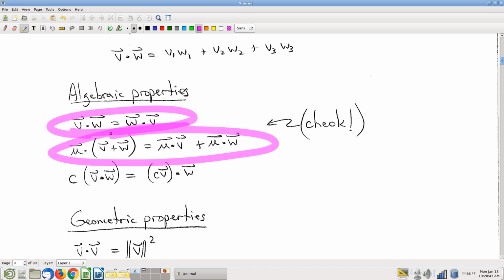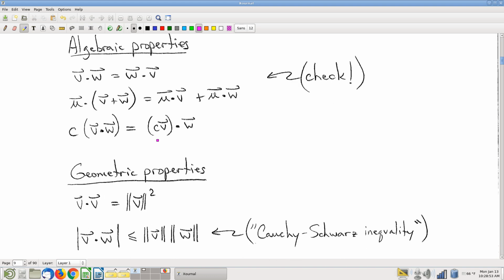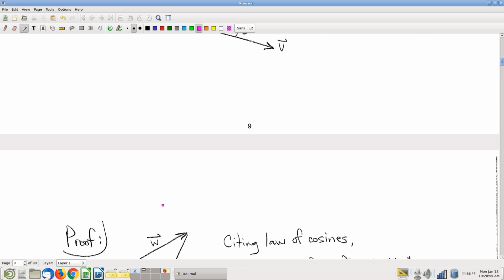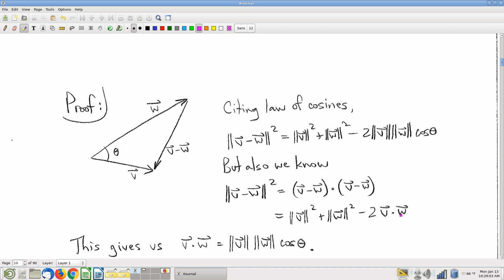So you can apply these properties a couple times, and out comes FOIL. And then you end up with some self-dot products, which of course are magnitude squared. So I'm deliberately glossing over those details. I encourage you to check me on that. But per FOIL, you can rewrite that as that.